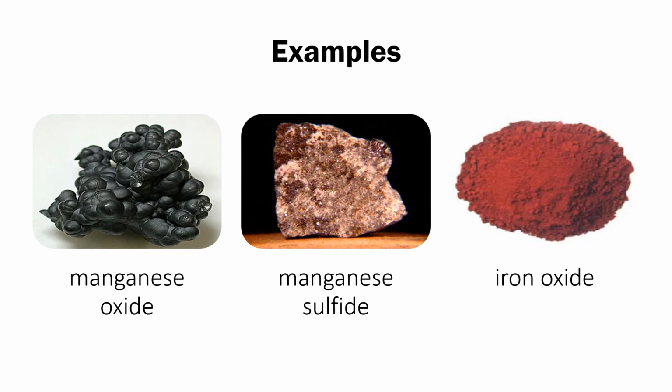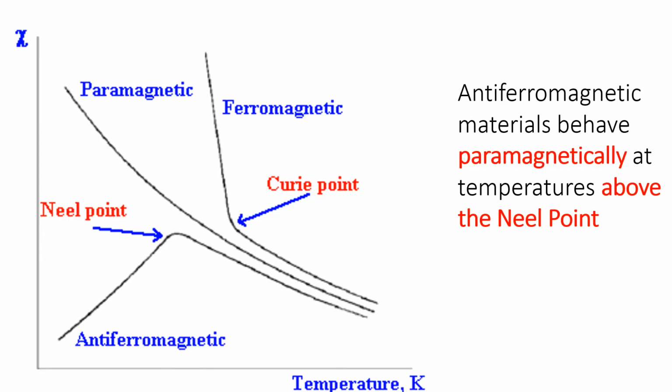So examples is manganese oxide, manganese sulfide, and iron oxide. Antiferromagnetic materials can also turn into paramagnetic materials upon the application of heat, since heat just randomizes the direction of our magnetic dipoles. And this happens above the temperature which we call the Néel point.